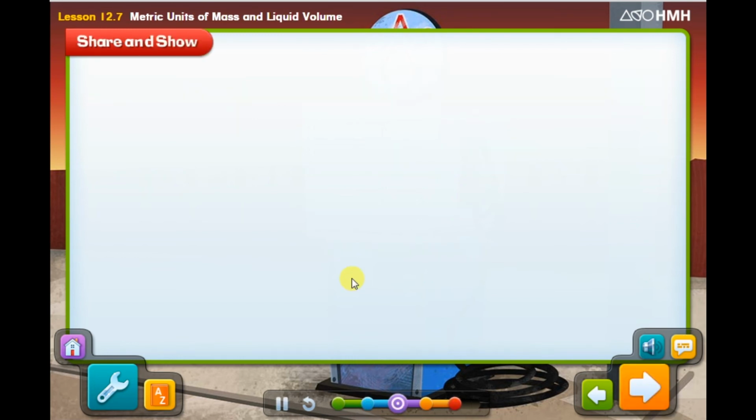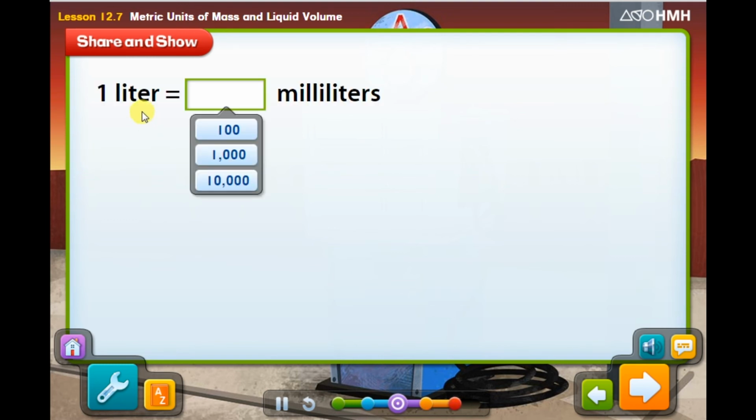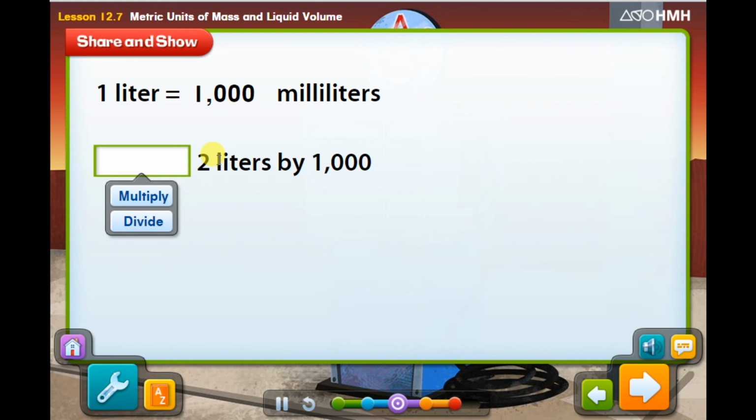There are 2 liters of water in a pitcher. How many milliliters of water are in the pitcher? First, how many milliliters are in 1 liter? What is the relation between liter and milliliter? Each 1 liter contains 1,000 milliliters. Bravo. That's right, there are 1,000 milliliters in 1 liter. What operation will you use to solve the problem? From liter to milliliter, will you multiply or divide? From liter, which is the bigger unit, to milliliter, which is the smaller unit, I will multiply because I move from a big unit to a small unit.